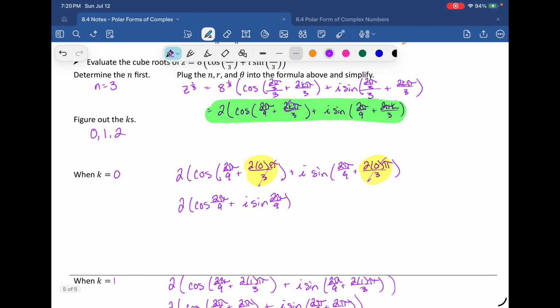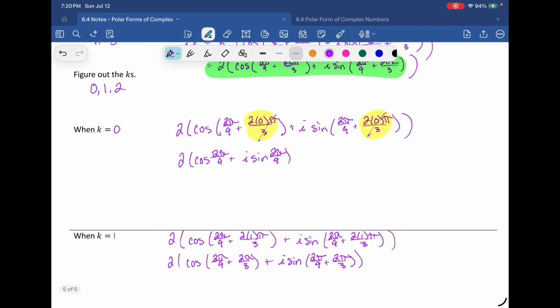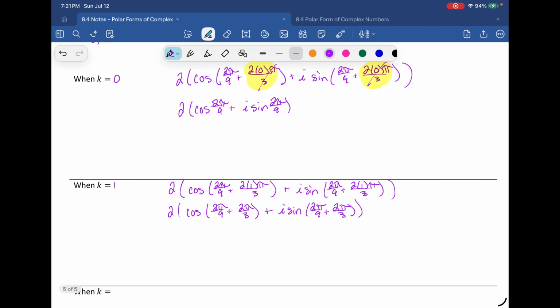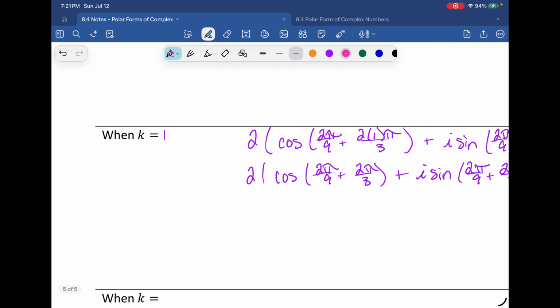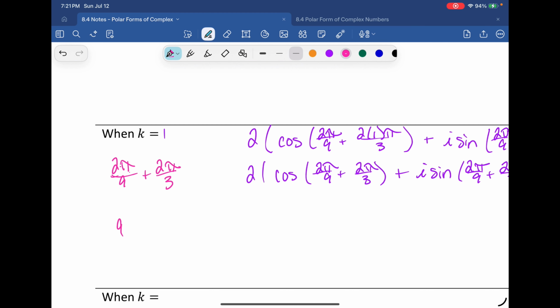So I need to add the 2 pi over 9 plus 2 pi over 3. Common denominator is 9. So multiply by 1, multiply by 1. So that's 8 pi over 9.